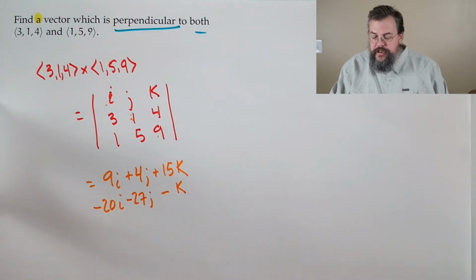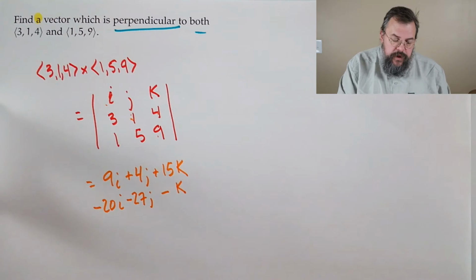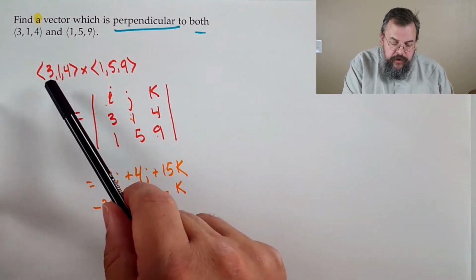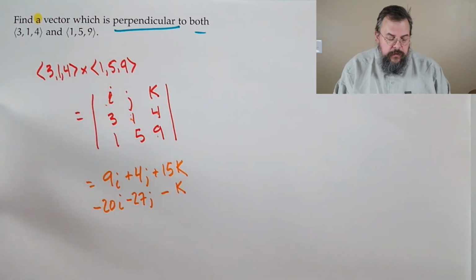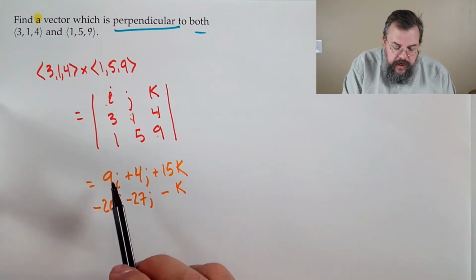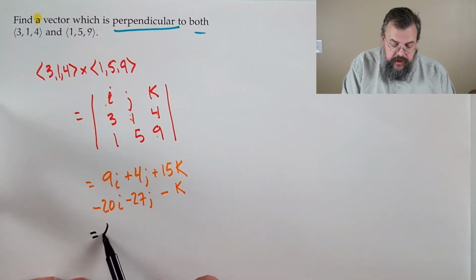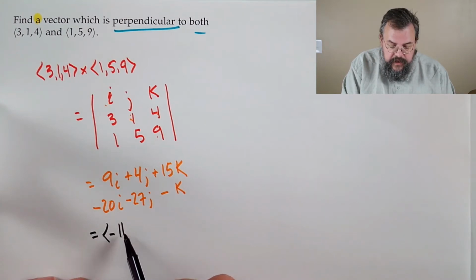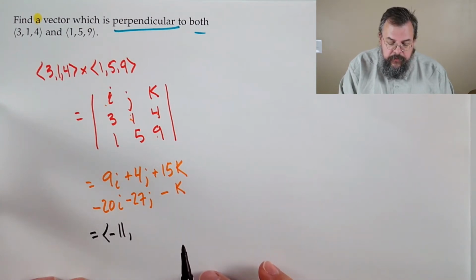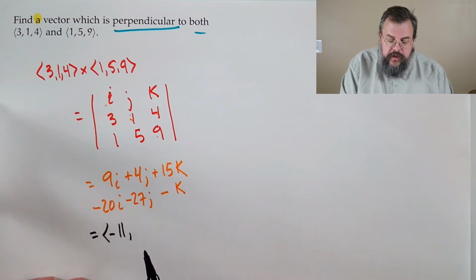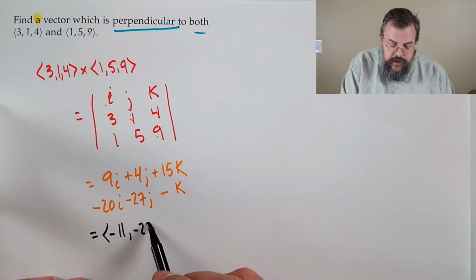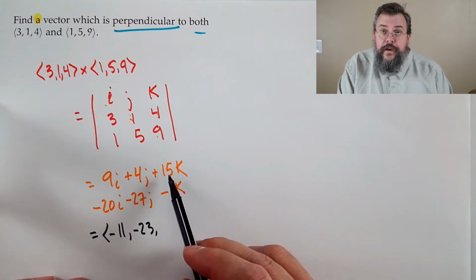Okay, now we'll just clean it up. We'll put it back into the component form here. So in the i slot, the first slot, 9 subtract 20, negative 11. 4 subtract 27, well, negative 23. 15 minus 1.